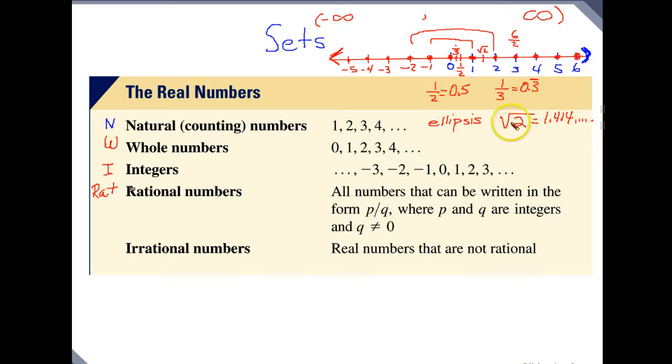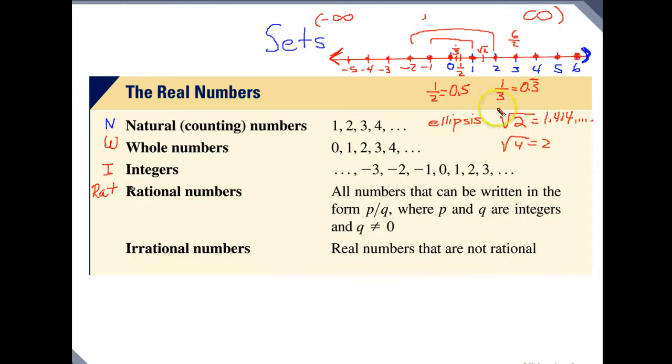Those numbers, particularly under the radical sign, that are not perfect squares, because if we had the square root of 4, that's 2, and 2 is rational and a counting number, that is a natural number and an integer. But the square root of 2, since it's not a perfect square, we don't have two numbers that when we multiply them together give you a 2. It gets close, but it just keeps going on and on.